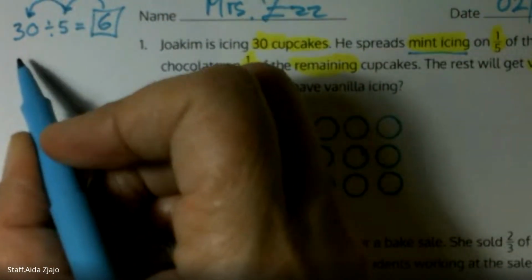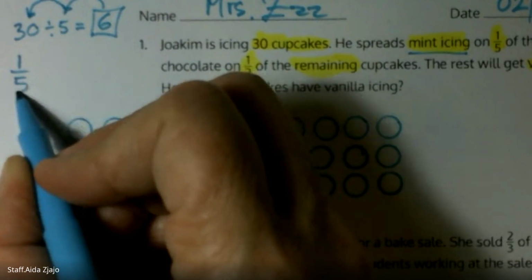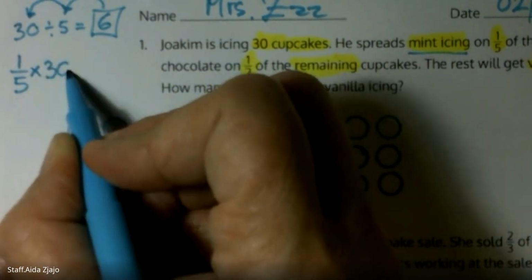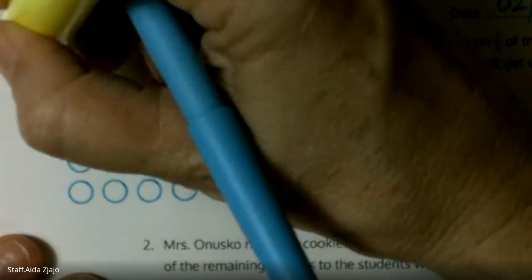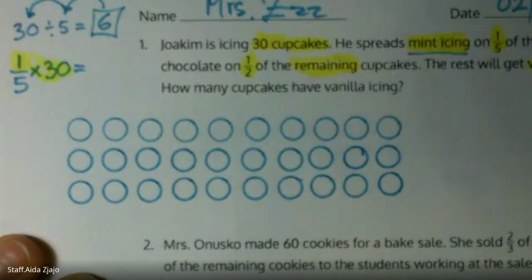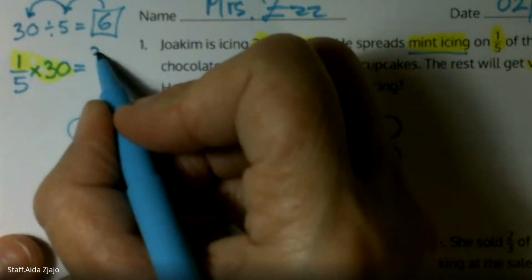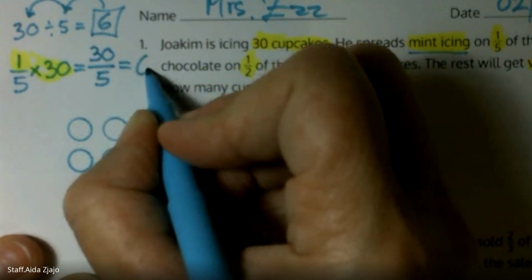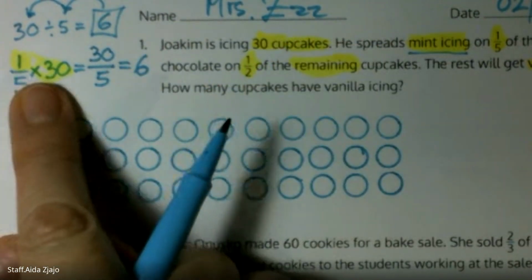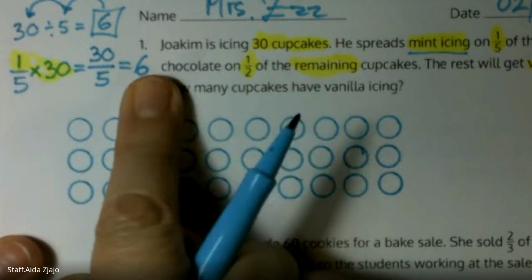Another way is you can say 1/5 of 30 equals 1 times 30, which is 30 divided by 5, and that equals 6. So 1/5 of 30 is 6.